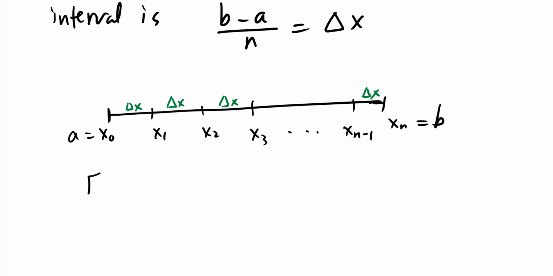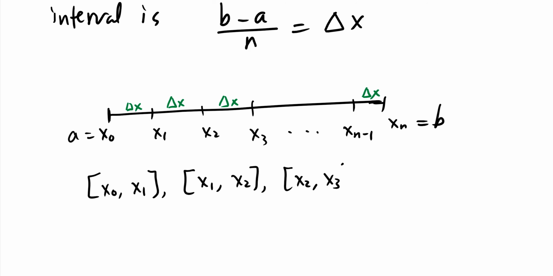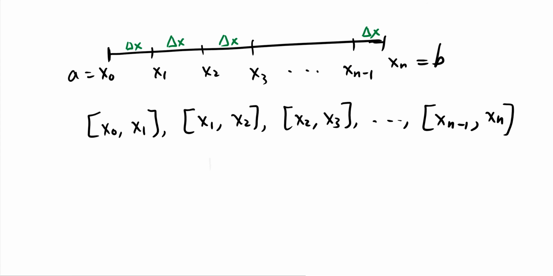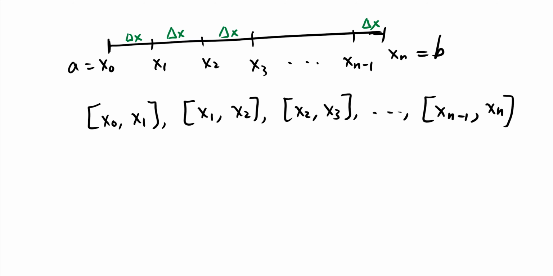So the intervals we're working with are x0 to x1, the next one x1 to x2, the next one x2 to x3, and this goes on to x sub n minus 1 comma x sub n. Remember, when we found the area in the first example, we started from the right side. We started with x sub n and went all the way down to x1.